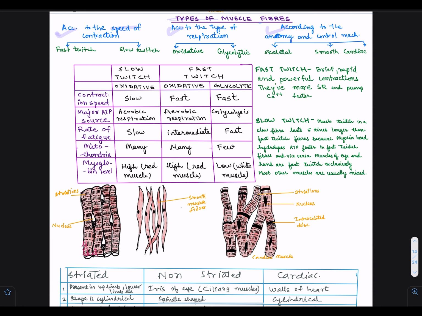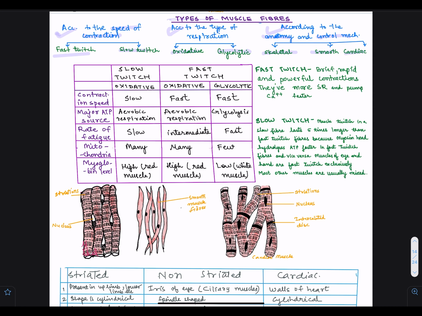According to the speed of contraction, they can be divided as fast twitch fibers and slow twitch fibers. Now, the type of respiration which they are using, they can be oxidative or glycolytic. They can also be divided as skeletal, smooth and cardiac according to where they are found, what is their anatomy and what is their control mechanisms.